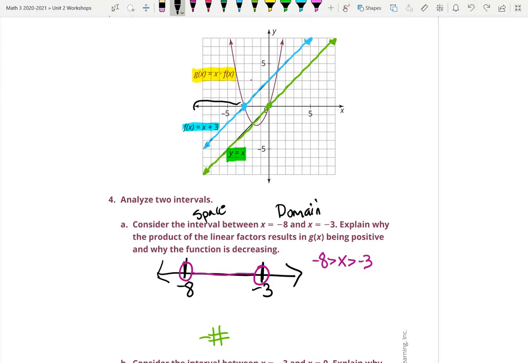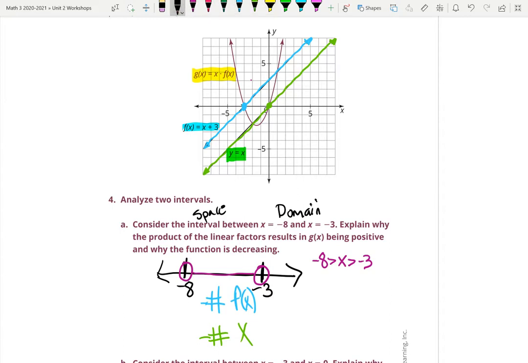For this same region of space, if I were looking at the blue equation, all of my outputs are negative. So this represents f of x. This is representing what I'm multiplying it by.